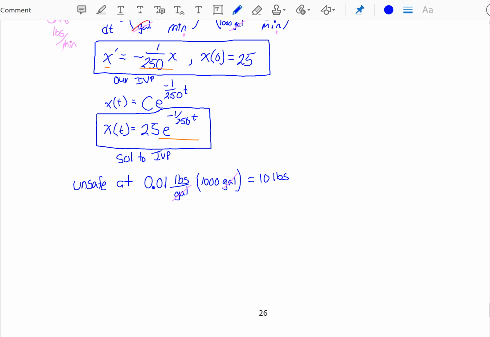So we're trying to solve this problem. When is 25 e to the negative 1/250th t, when is this going to equal 10 pounds?